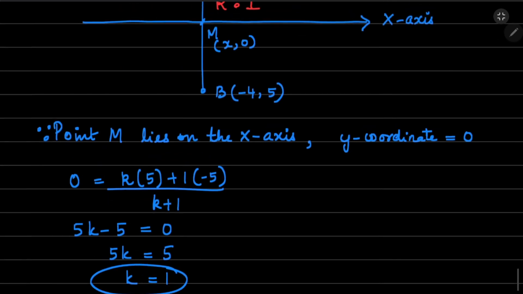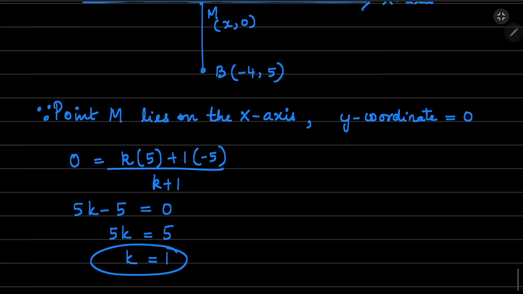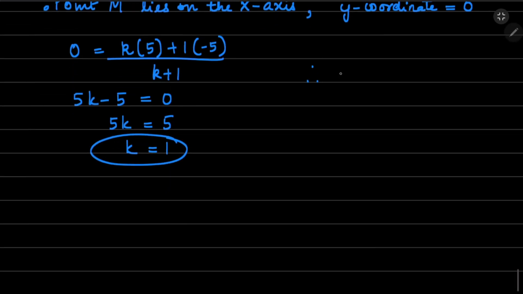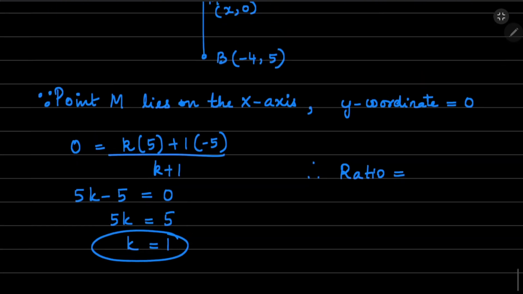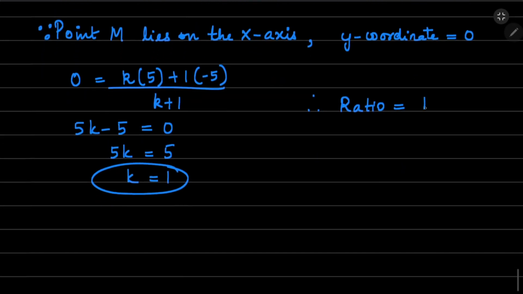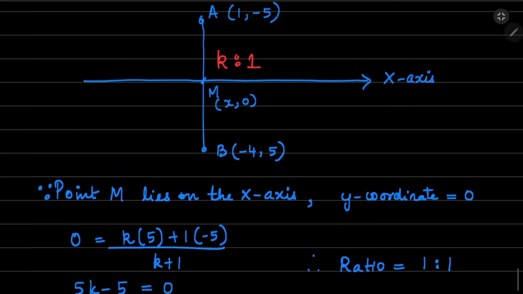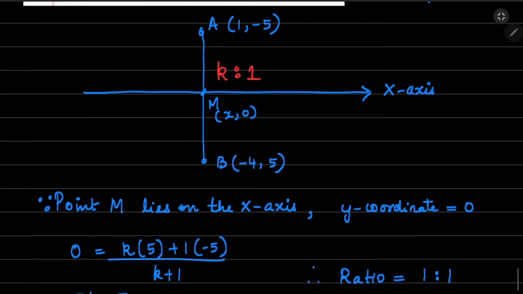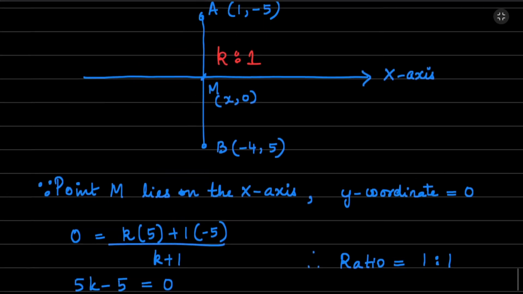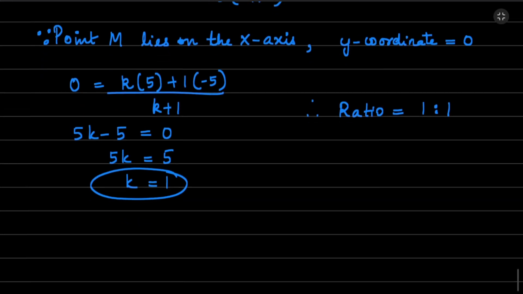So what is the ratio in which it's dividing? Therefore, the required ratio is k is to 1, that is 1 is to 1. So point M is the midpoint of AB. Now let's find x using the section formula.